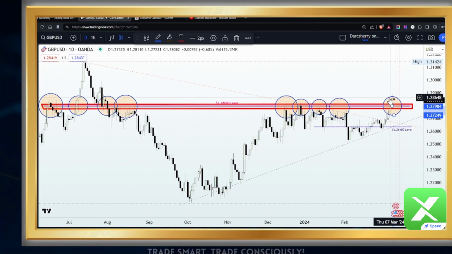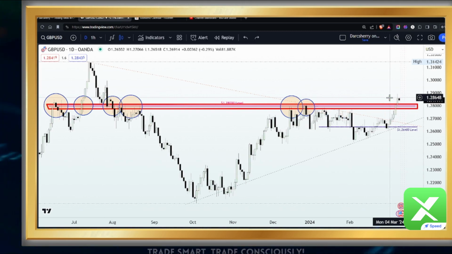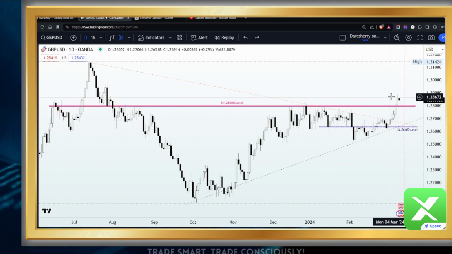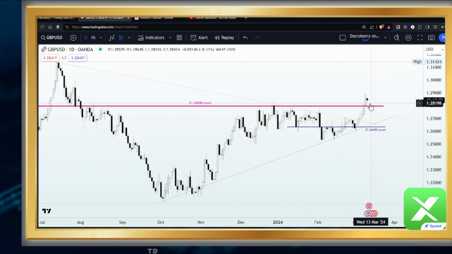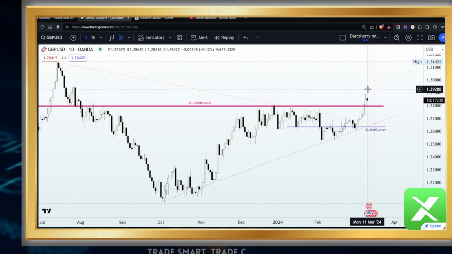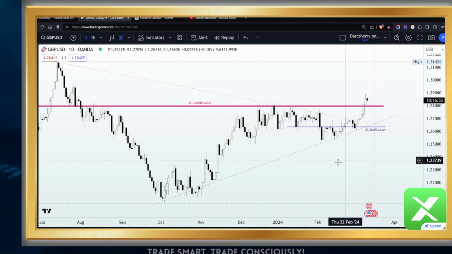Now, going into the new week, the question at this juncture is, the breakout we witnessed on Friday, will it turn out to be a true breakout, or is it going to turn out to be a false breakout where selling pressure may persist again, pushing price under the 1.28 area?